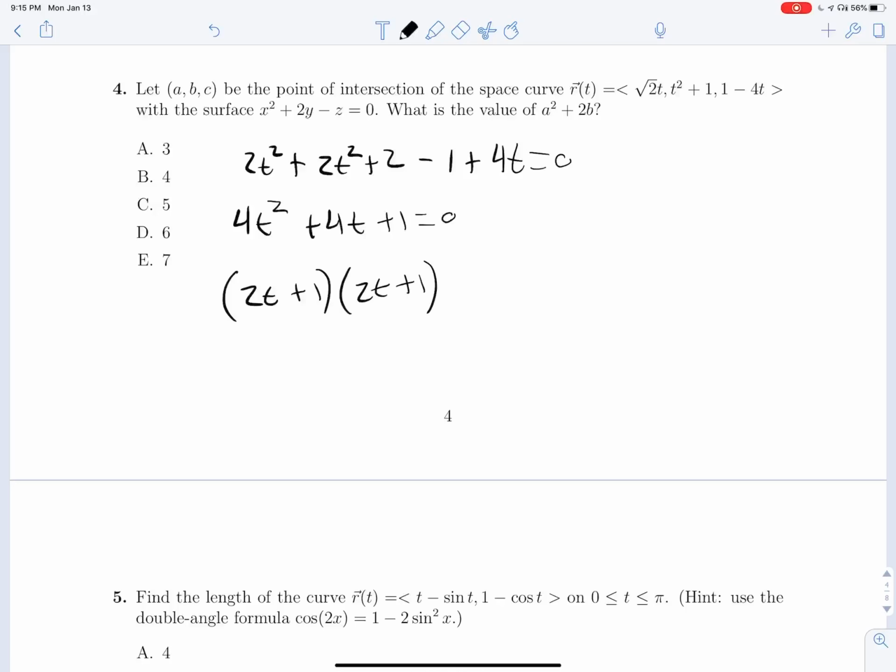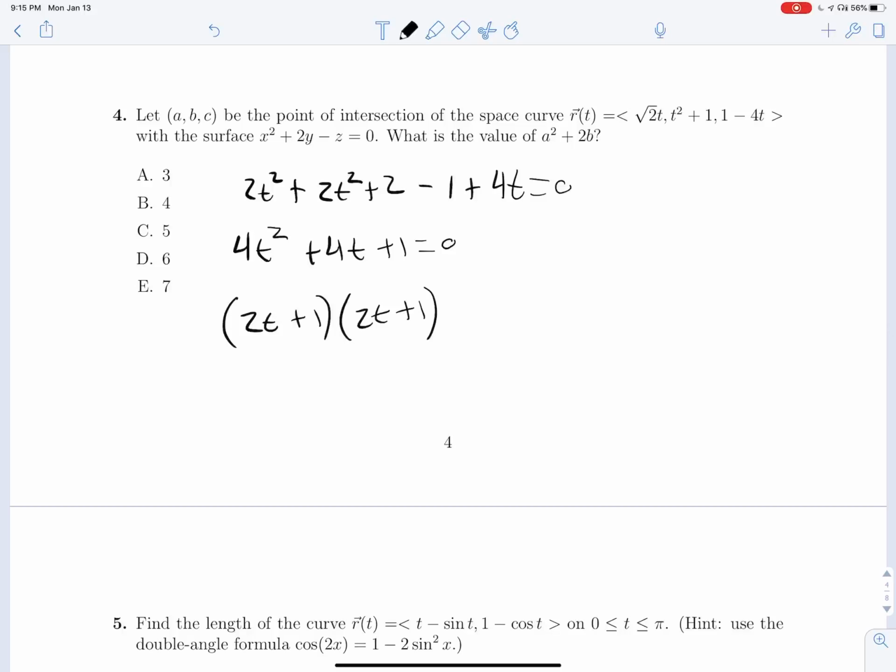Wait, that just works, doesn't it? Yep, that does. Okay, so we see that our curve only intersects at t equals -1/2.